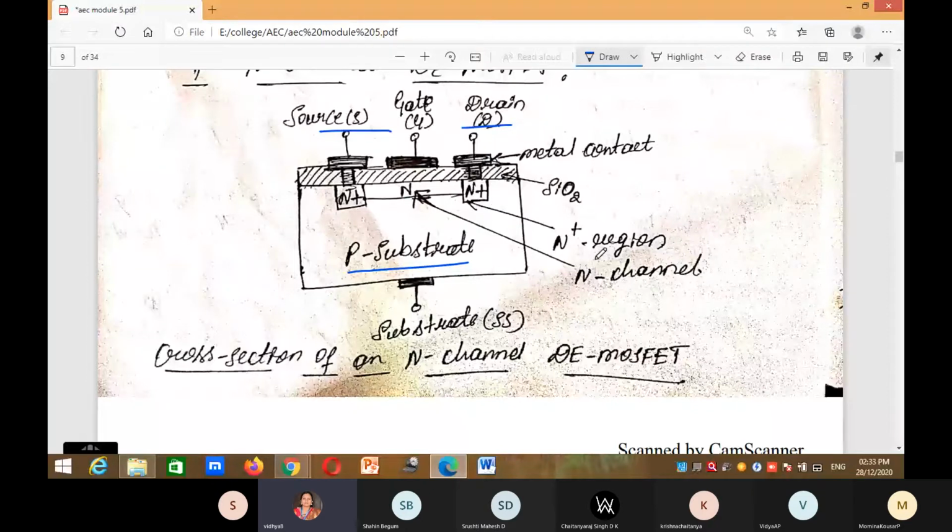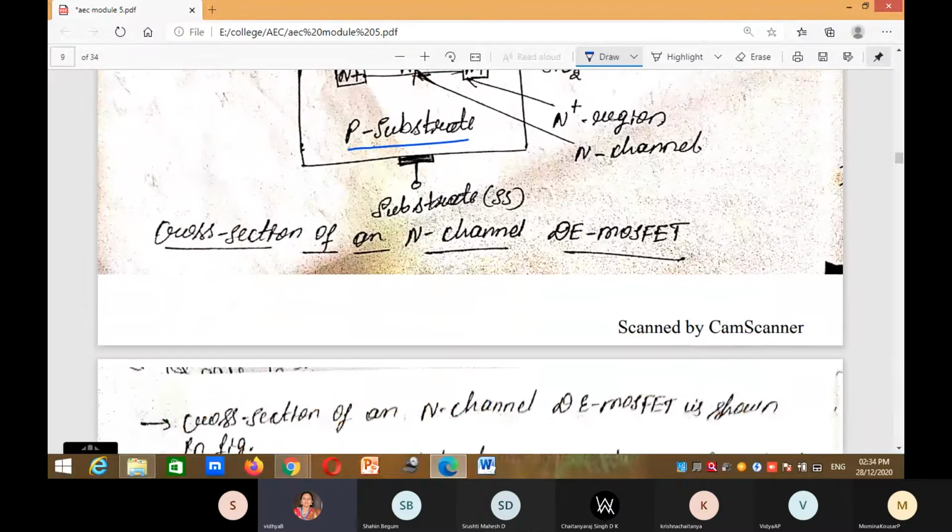This is the N plus region and this is the N-channel. This is SiO2, that is silicon dioxide, and the metal contact. This is the construction.